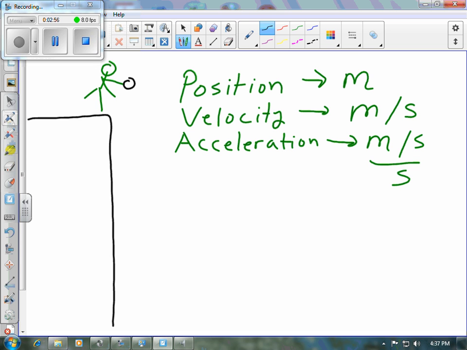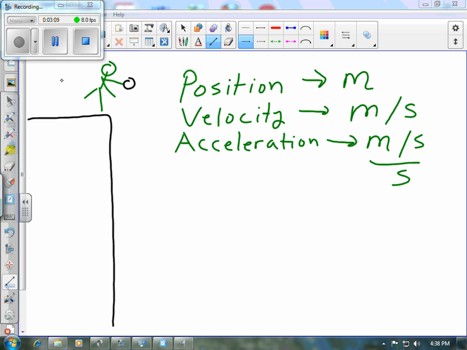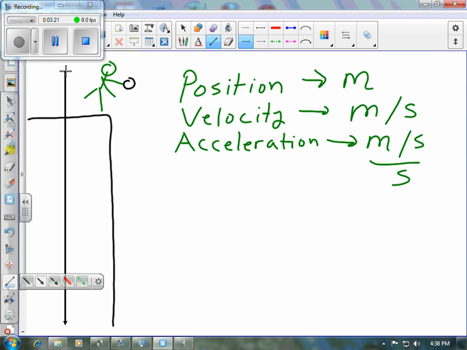So what is the velocity of the rock? Let's draw our axis here. I'm going to draw this upside down just because it's easier for right now. Oh, hold on a second. We don't want to use arrows. We want to use lines.